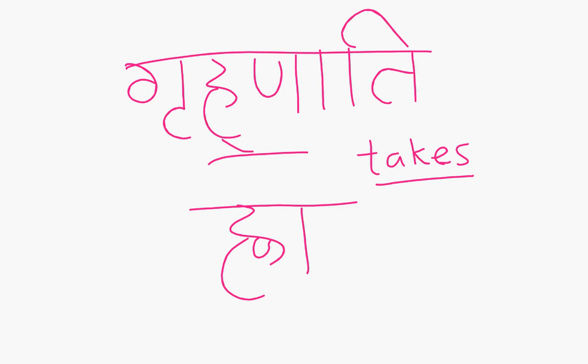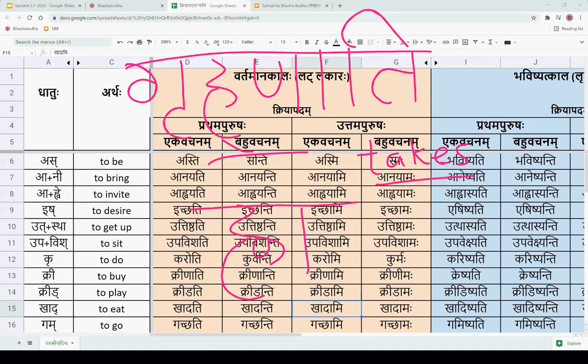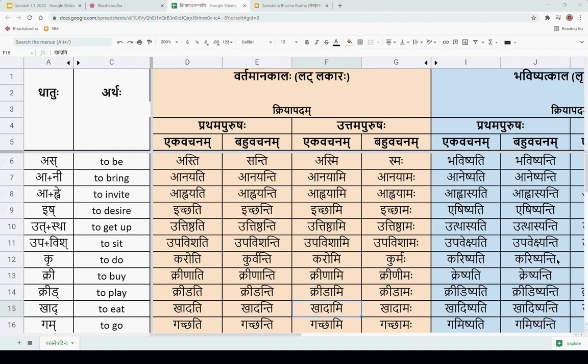Grihnati, takes. It is also used sometimes in the sense of picks. Some book is on the table, and if somebody picks it up, you can say it is like taking only. So balaka pustakam grihnati.